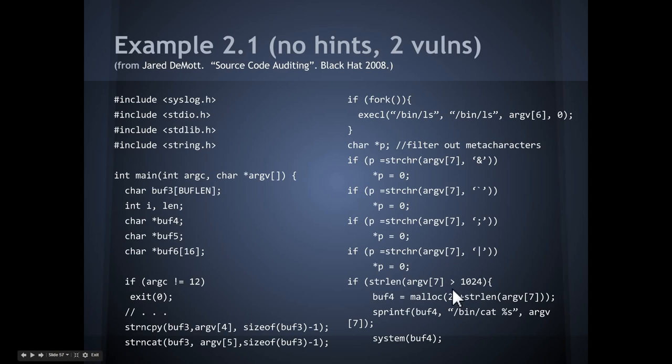In other words, to do redirection. The character is this greater than symbol. These two examples are from Jared DeMott's Source Code Auditing 2008 presentation at Black Hat, and he has other examples in his slides.